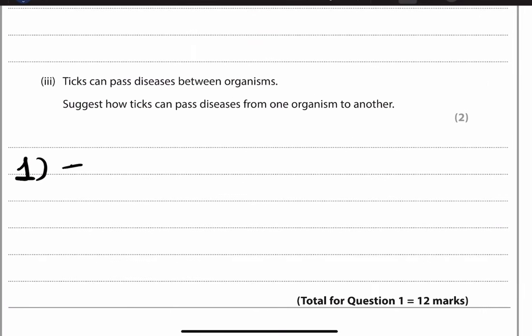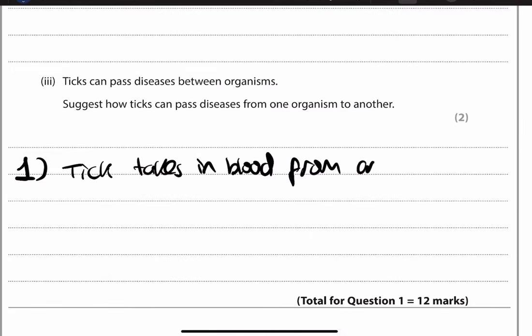So the tick takes in blood, right? So it sucks blood from an infected organism. That's the key word, infected organism. An organism has this infection. The tick sucks up blood, and then now the infected blood is in the tick.